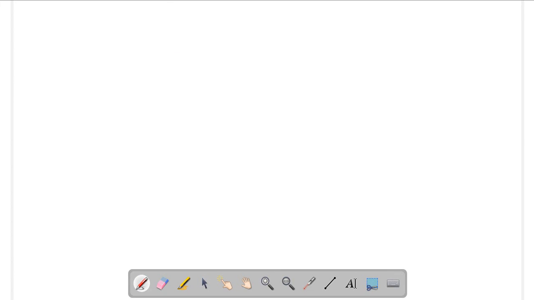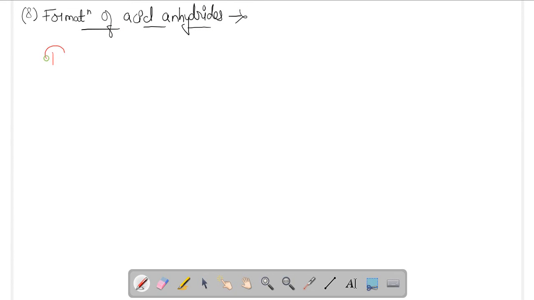Next is the formation of acid anhydrides. So the general reaction, RCOOH: a carboxylic acid is heated in the presence of strong dehydrating agents such as phosphorus pentoxide or sulfuric acid to form the corresponding acid anhydrides.